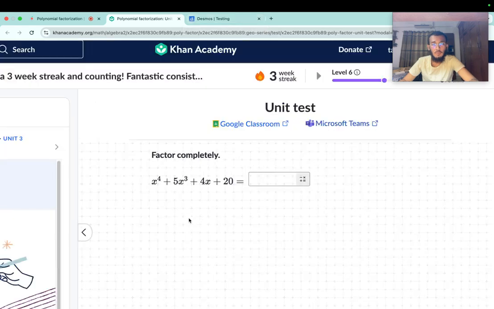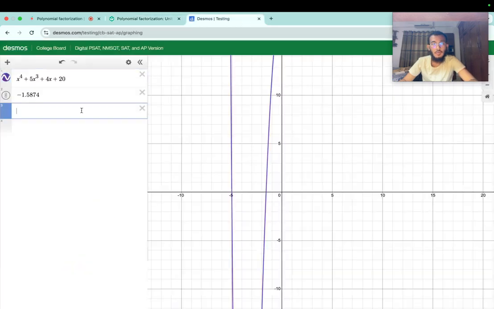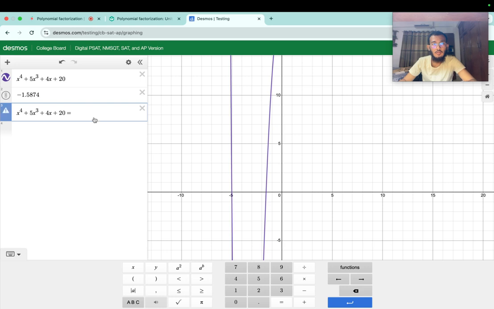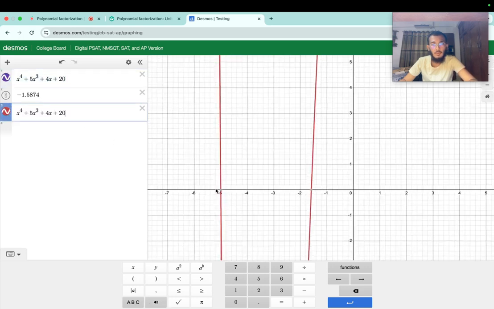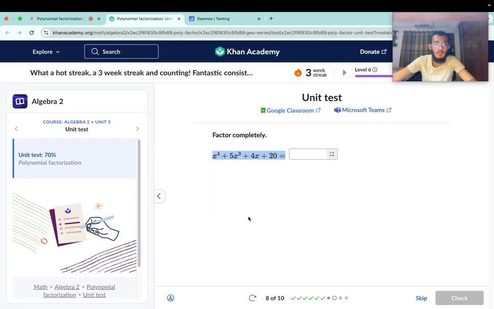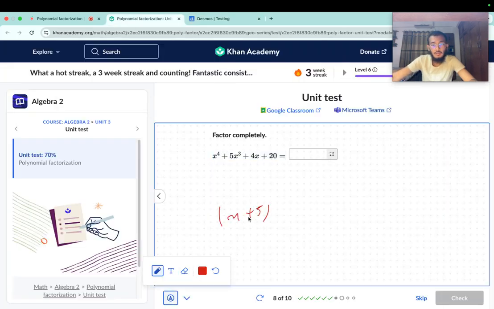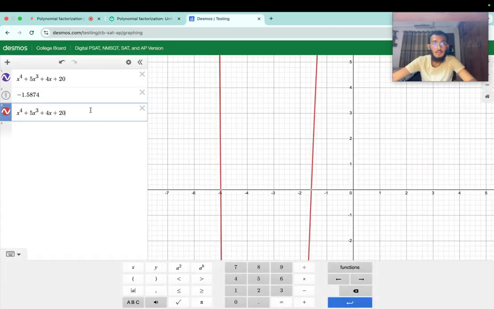So what we can do is, we know one root. We know that we have a root at x equals negative 5, which means x plus 5 is a factor. What do we get if I divide this thing by x plus 5?